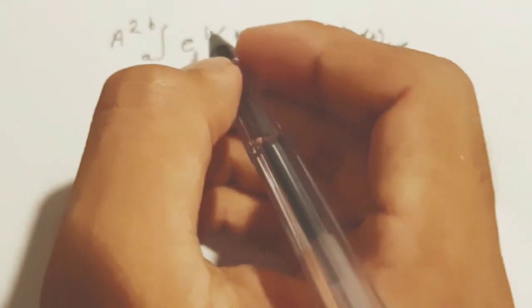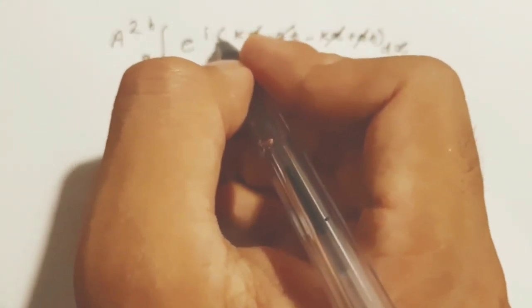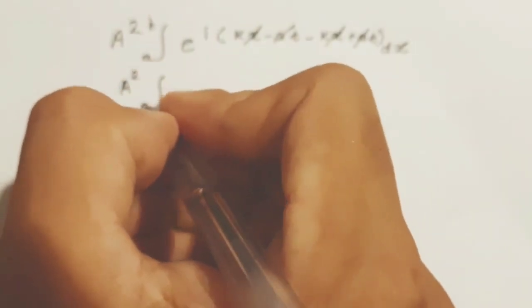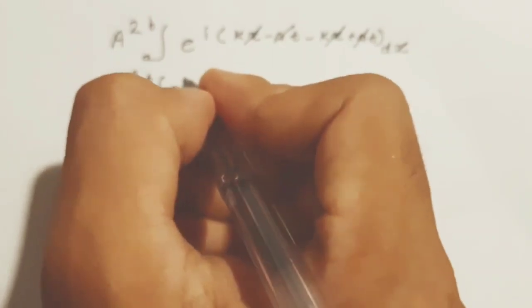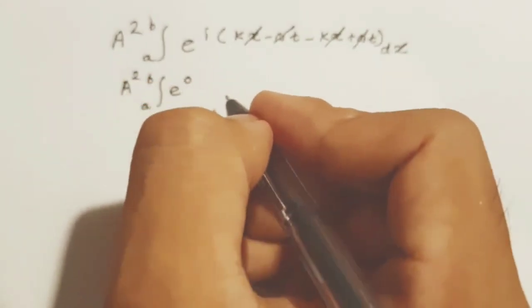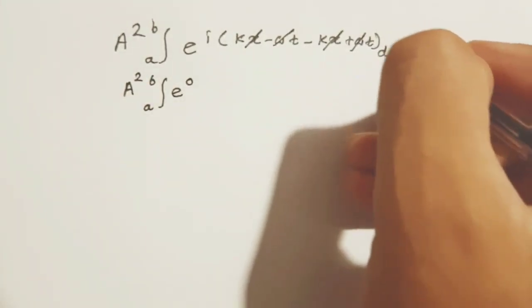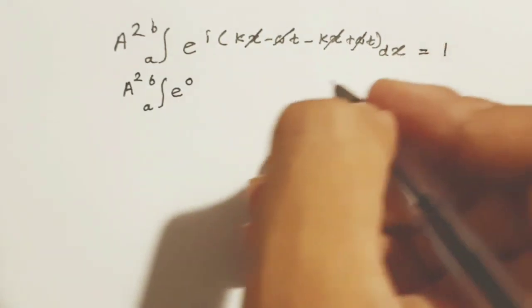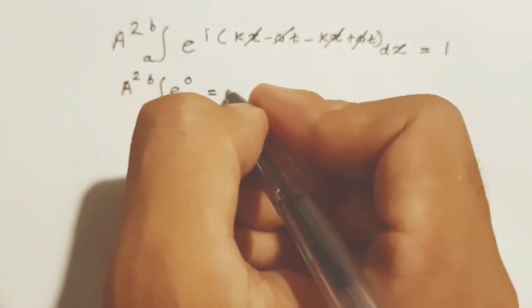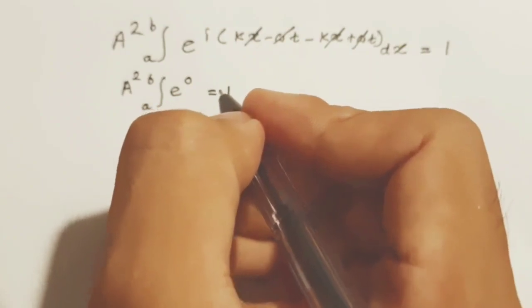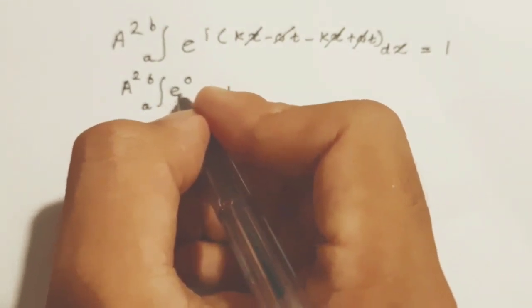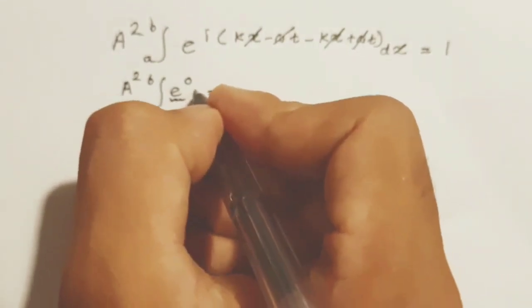So we will obtain e to the power 0, so A squared times the integral from A to B of e to the power 0. This is always equal to 1, so e to the power 0 becomes 1.